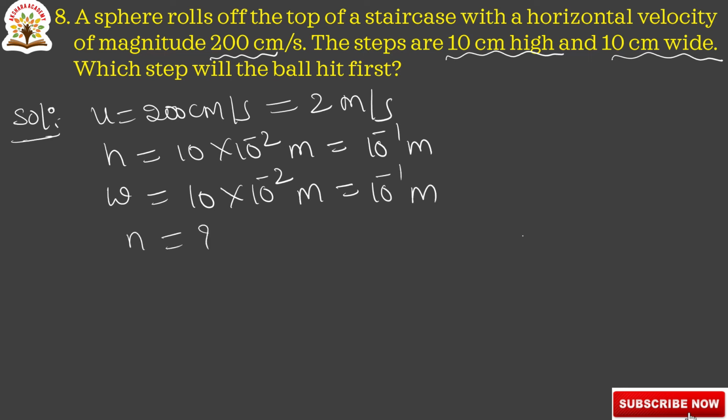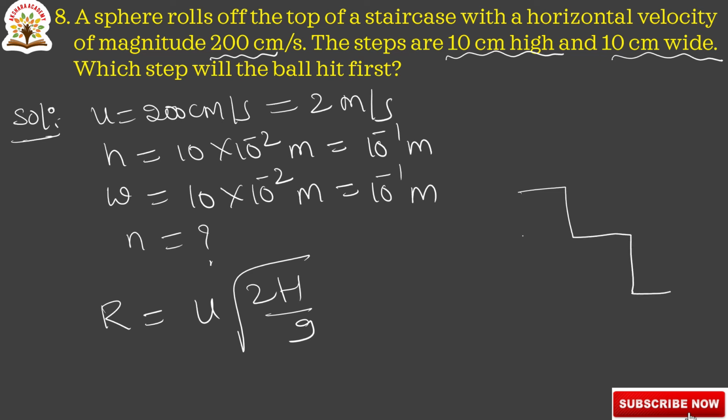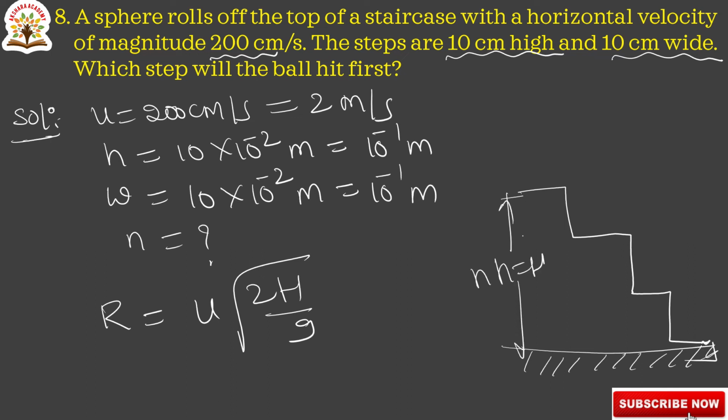Here we have to calculate n. So r is equal to u into root of 2h by g. Here this is the order of the steps, and suppose this is the ground. From here we calculate nh is equal to capital H, and here height, width, this is the initial velocity u, and the height of projection h.